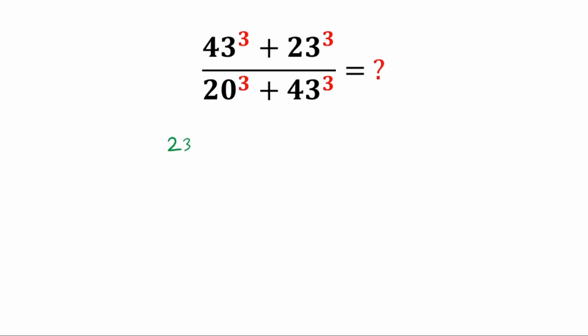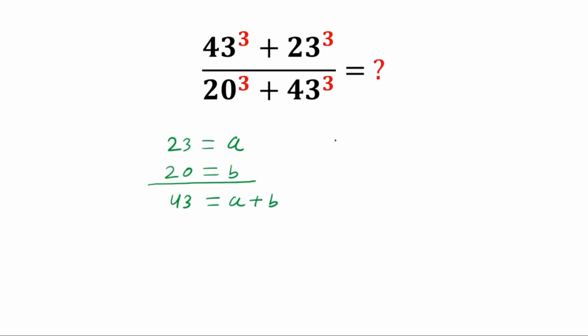If we substitute 23 equals a, and 20 equals b, now if we add both sides, then 43 equals a plus b.